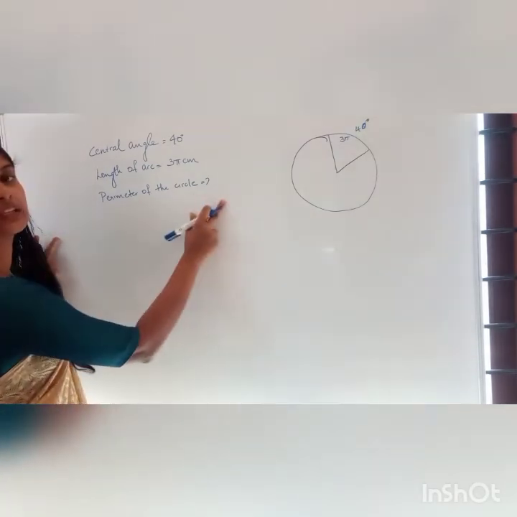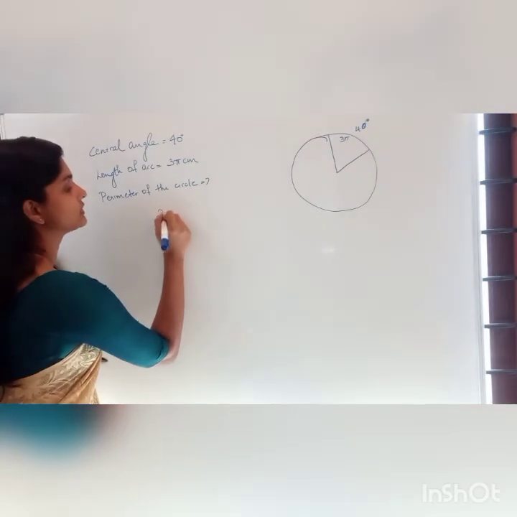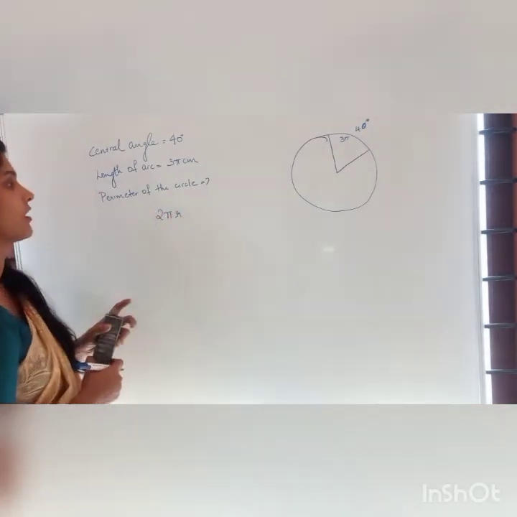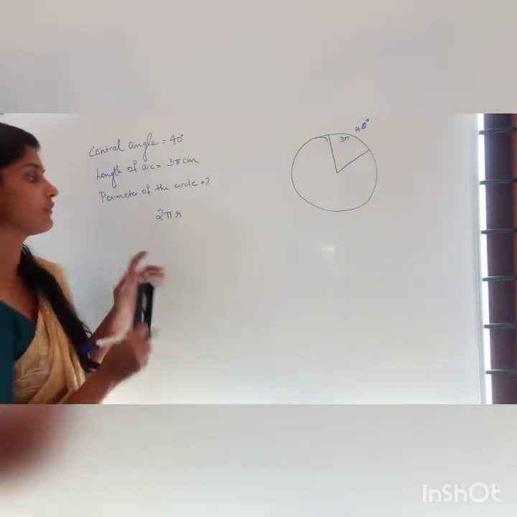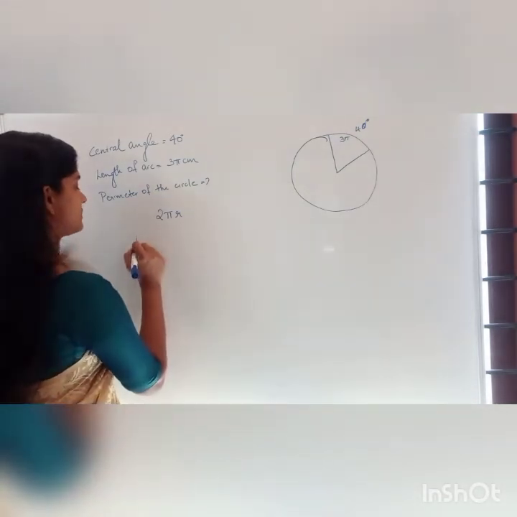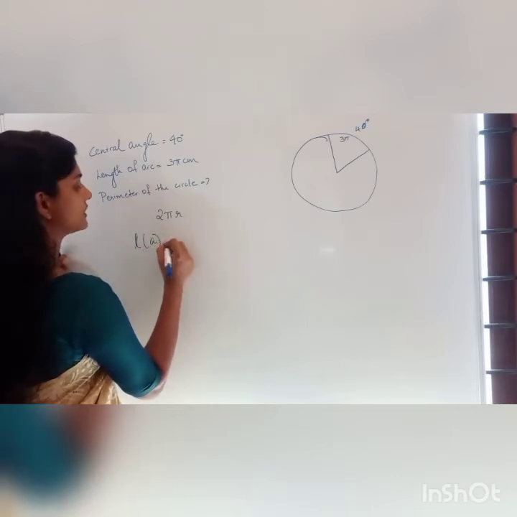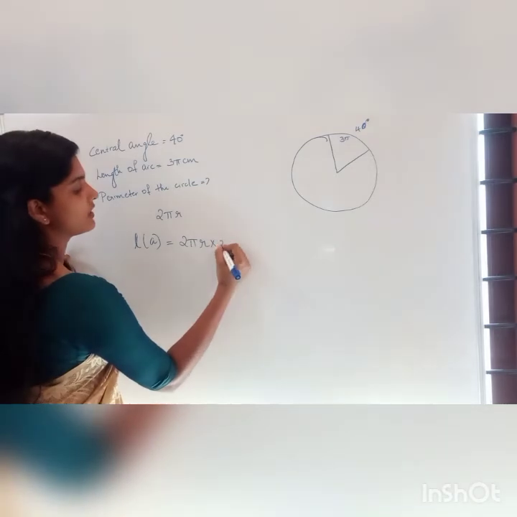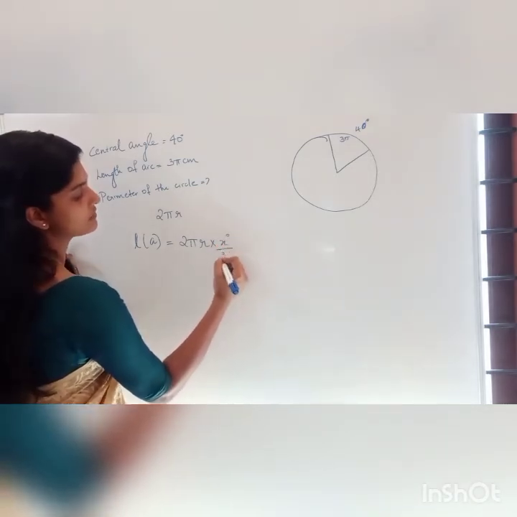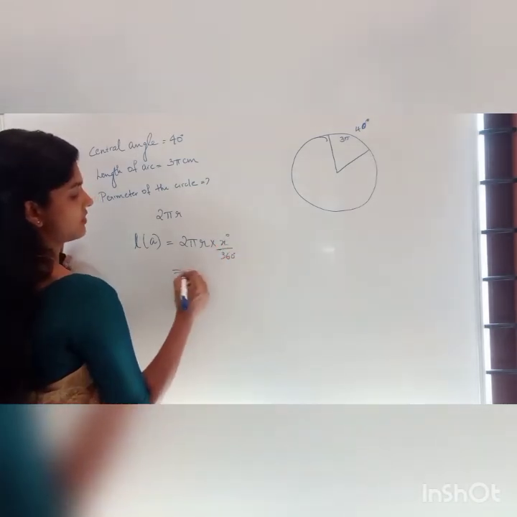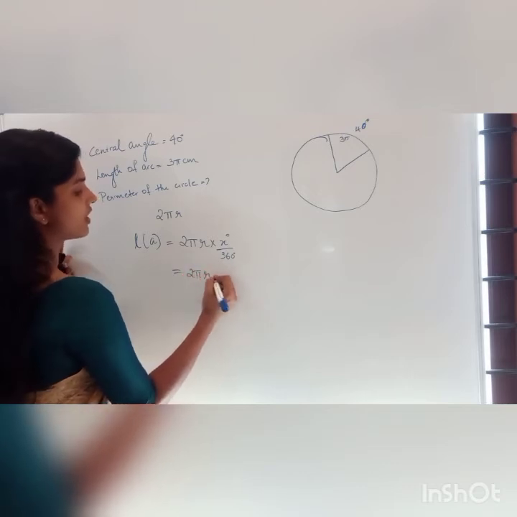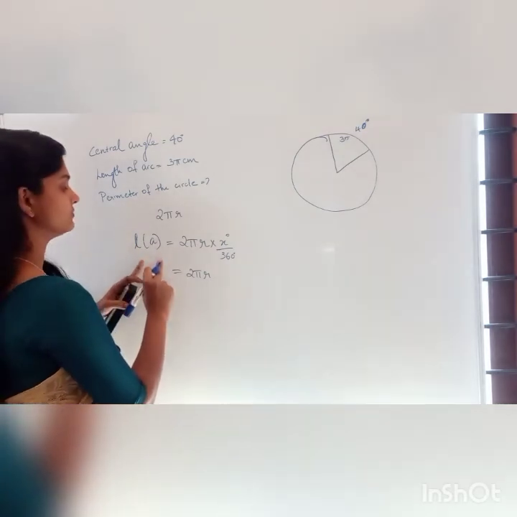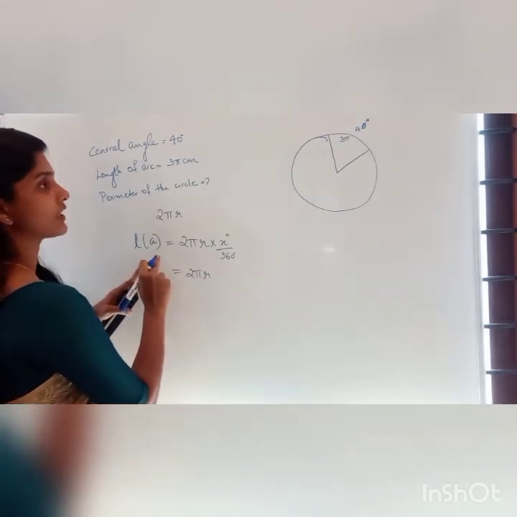What is the perimeter of the circle? Perimeter of the circle is 2 pi r, right? Now, we know another factor. Length of the arc. What is it? Length of the arc is given by the formula 2 pi r multiplied by central angle by 360. Here we don't know 2 pi r as perimeter, but we know the length of the arc.